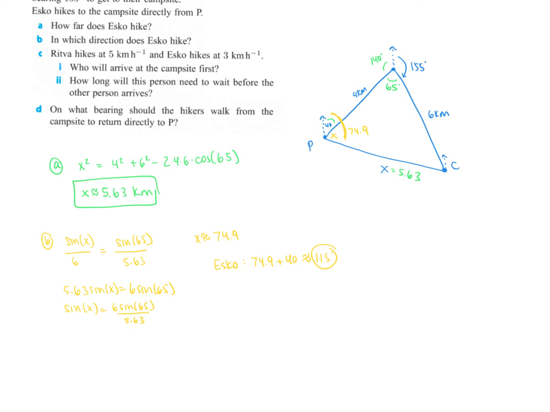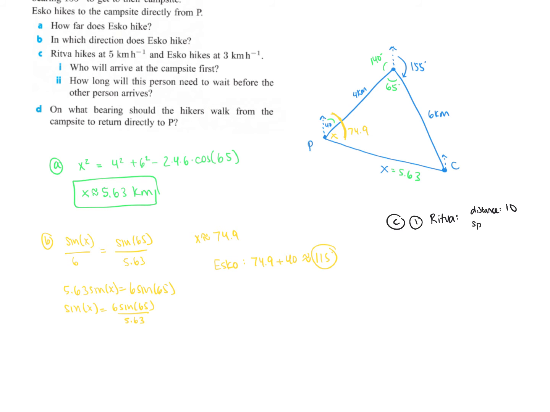Okay? Now in part C it says Ritva hikes at 5 kilometers per hour, Esco hikes at 3 kilometers per hour. Who will arrive first? So let's start with Ritva. She did a total distance of 10 kilometers because she did 4 and 6.